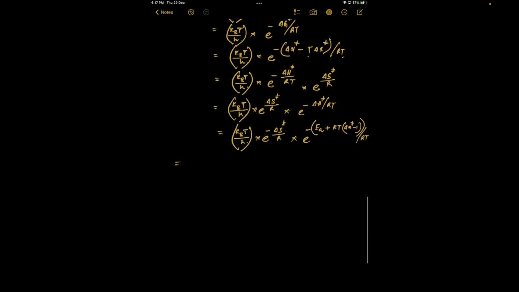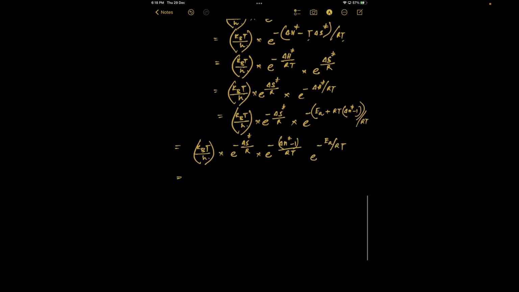So it will be equal to just kBT divided by h times exponential delta S double dagger by R times exponential minus delta N double dagger minus 1, then times exponential minus EA by RT.